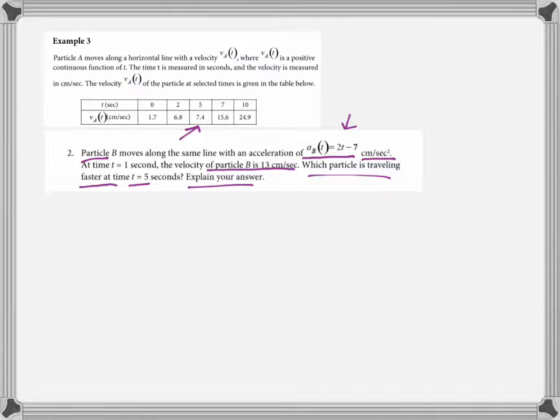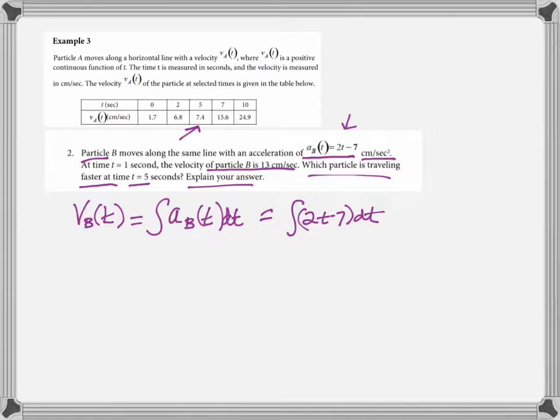So let's say what we know, that the velocity of particle B in terms of t is equal to the integral of the acceleration of B in terms of t dt, which is then the integral of 2t minus 7 dt.